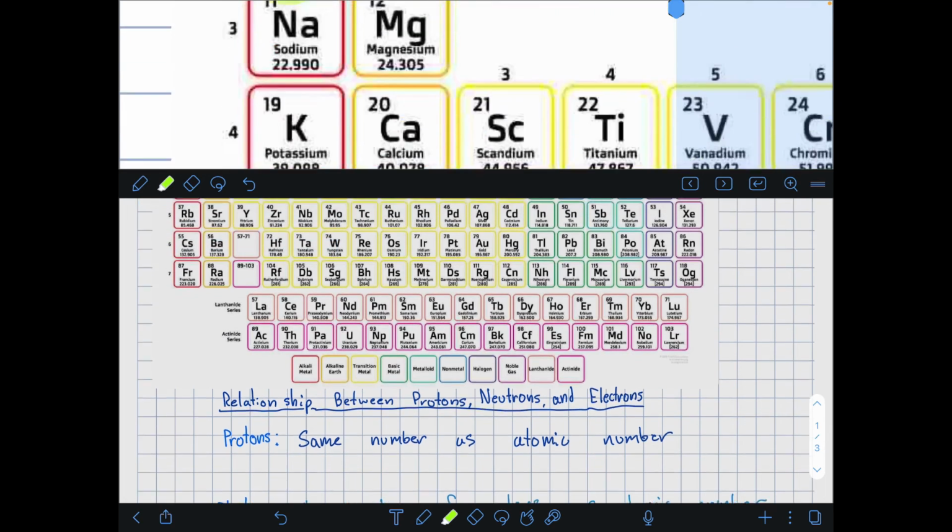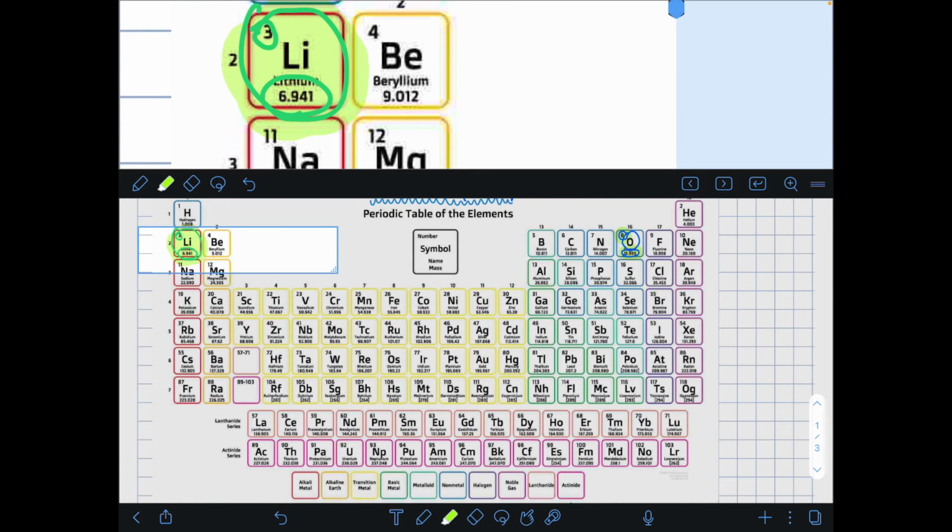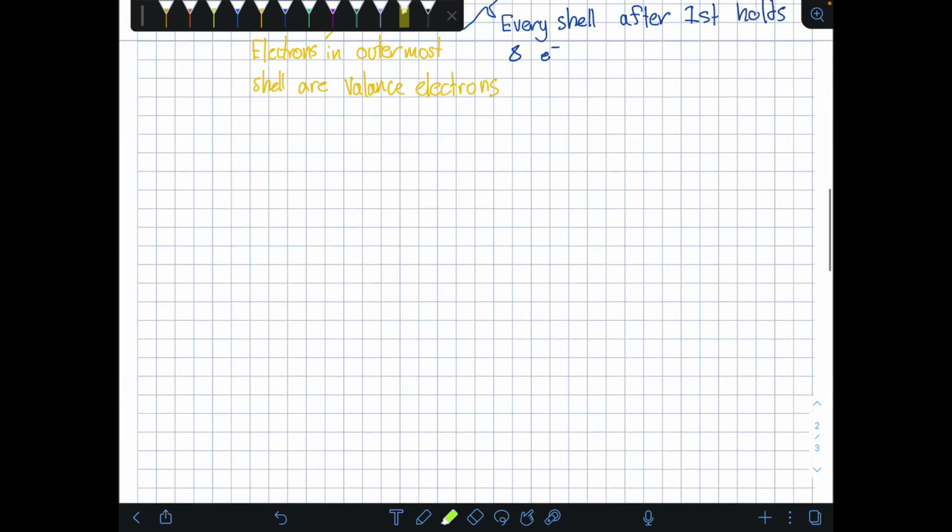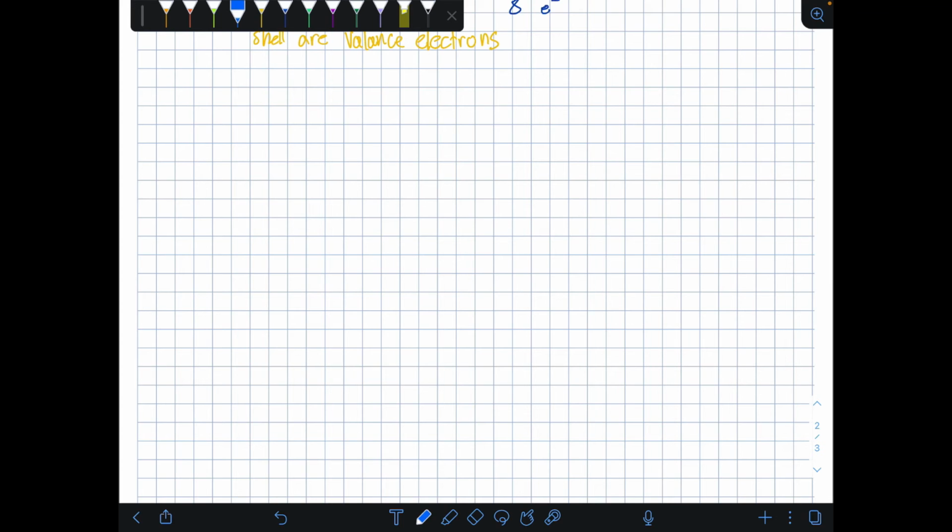So we can see lithium has 3 as its atomic number. The first thing we want to do is write our symbol, Li for lithium. And since 3 is our atomic number, that is 3 protons. Then let's find our number of neutrons.